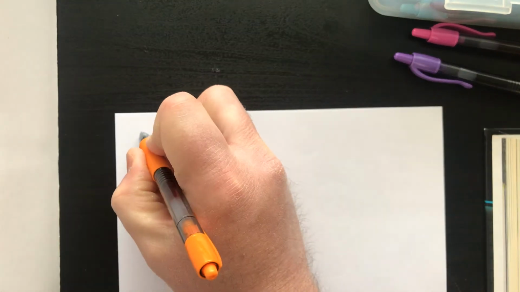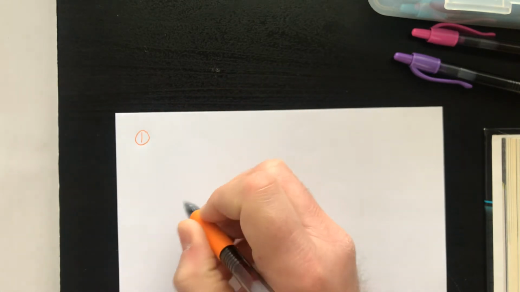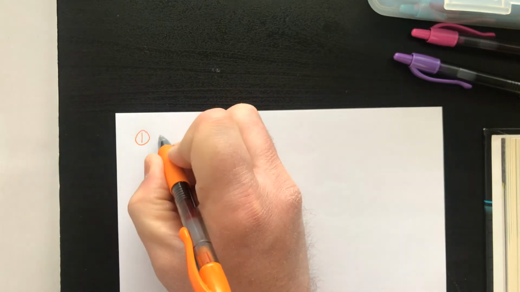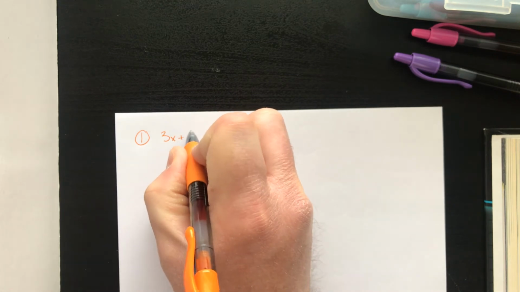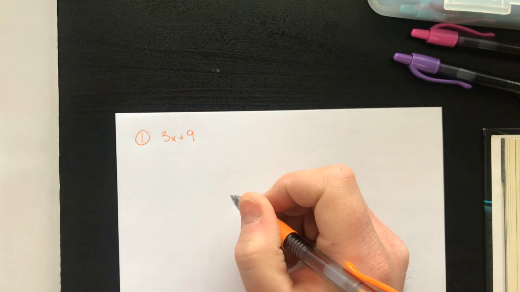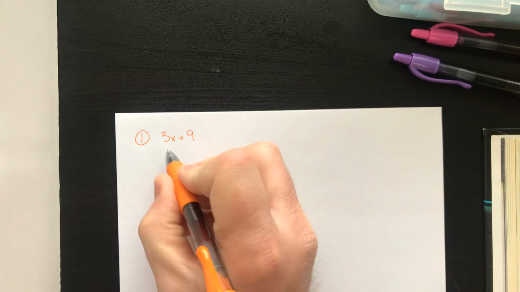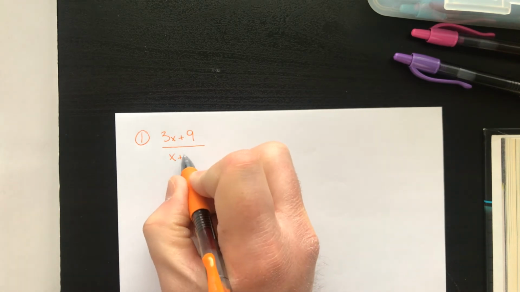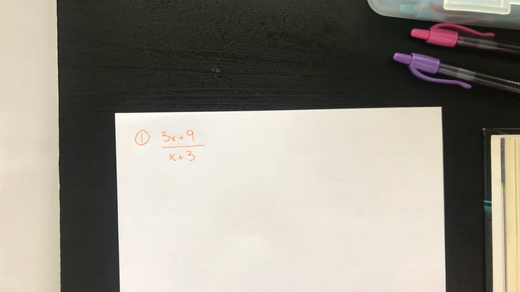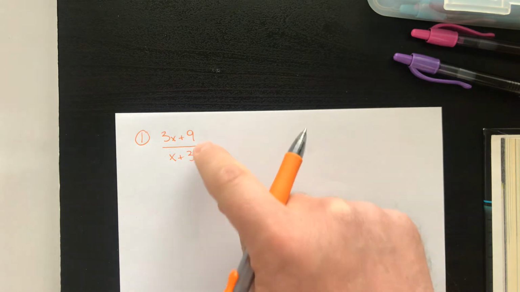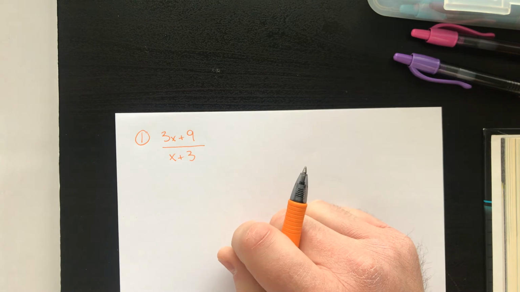The first one that I wanted to look at, we have 3x plus 9 over x plus 3. You can already kind of see where this problem is going, because look immediately at what we can take out of our numerator.